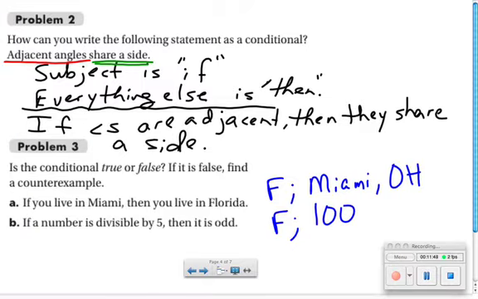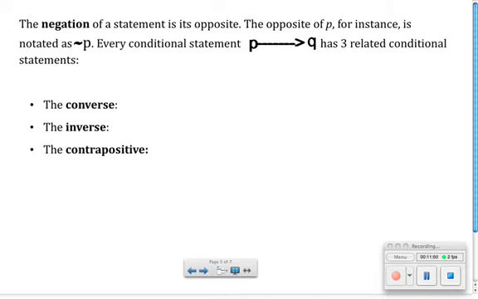Okay, now we get to the real nitty-gritty of these if-then statements. In your notes, still on the front, you don't want to flip over just yet. Please notice that when I'm negating a statement, I am simply stating its opposite. So, for example, if I make the statement, today is Friday, the negation of that is not today is Saturday, or today is Thursday, or today is Wednesday.